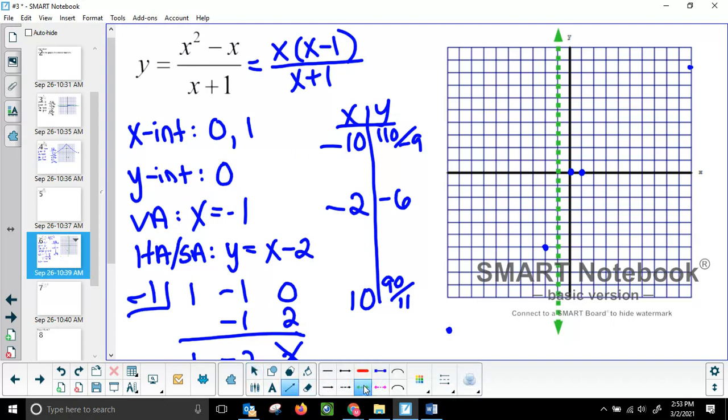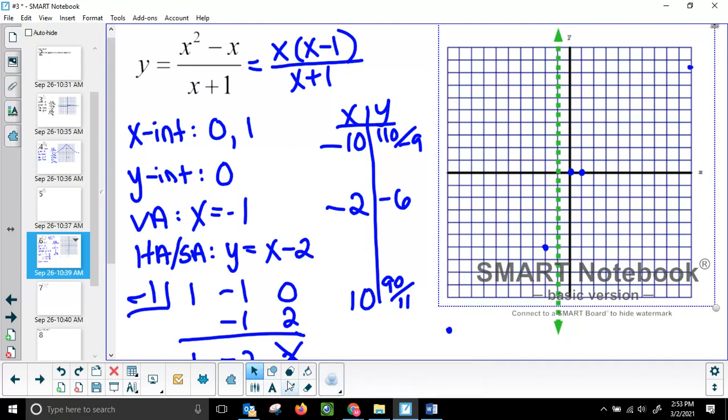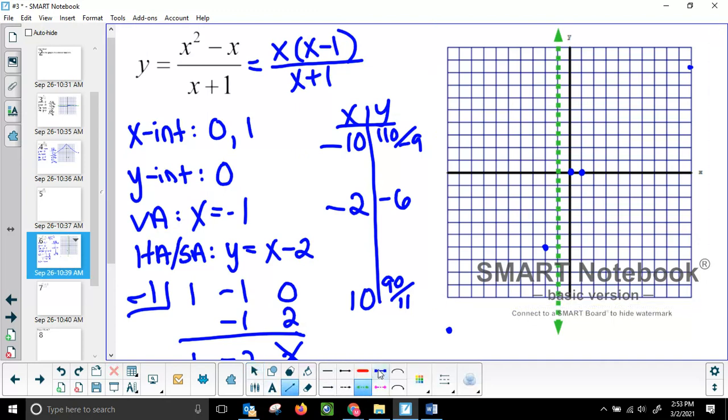And my line should be x minus 2. So this would be at -12. Oh, come on. There we go. Much better.